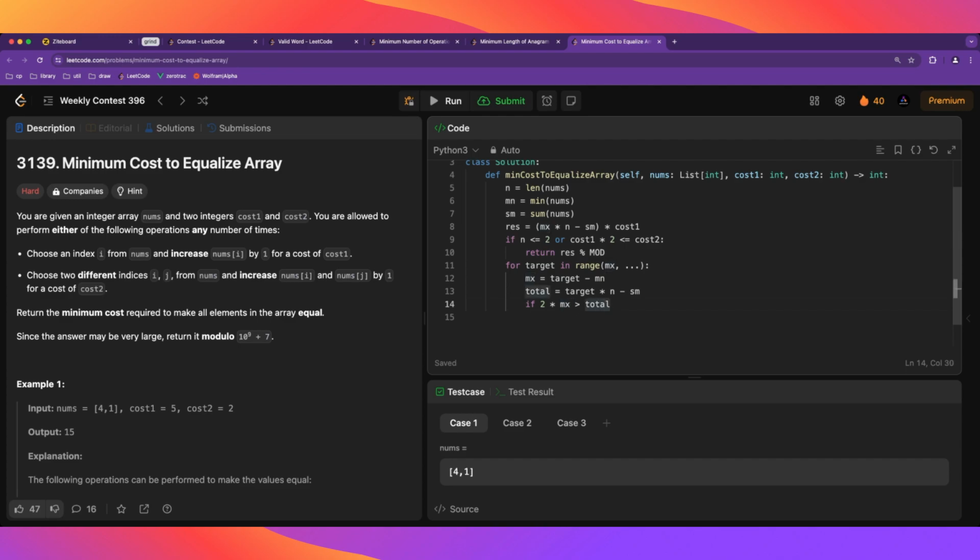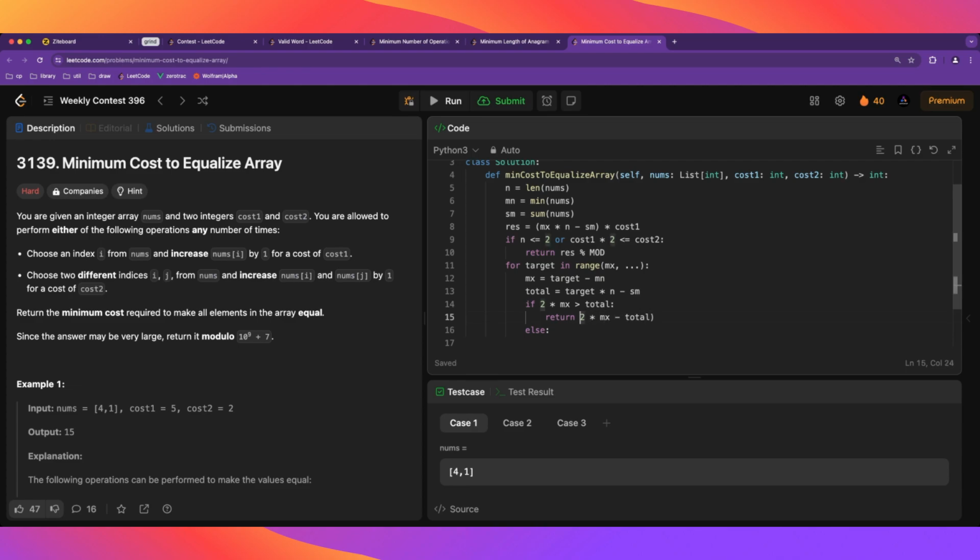Yes, if this is the case, then we have to subtract this.